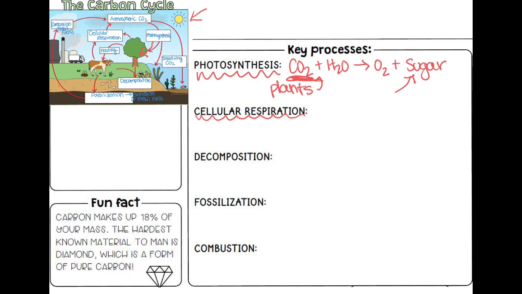So you have some sort of energy like a sugar and oxygen makes water and carbon dioxide, but not just that, but also ATP, which is energy.